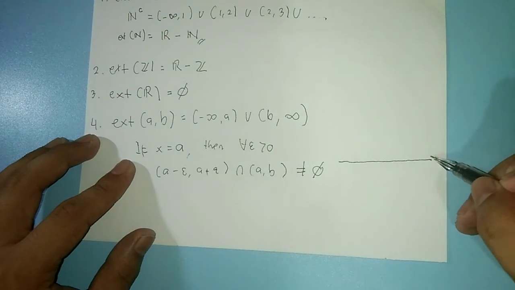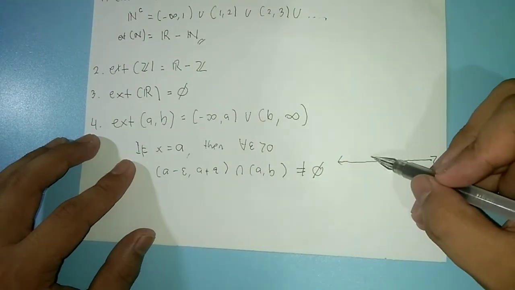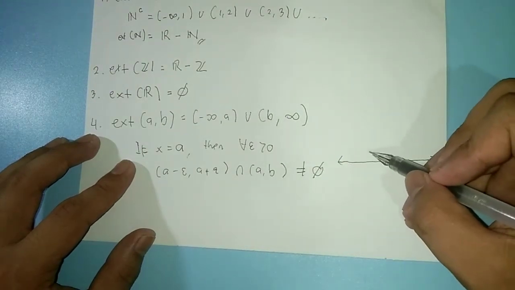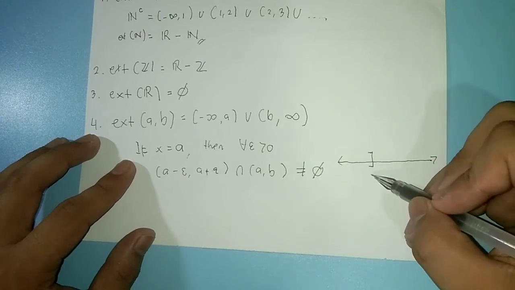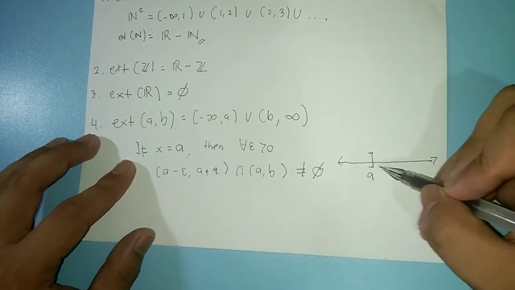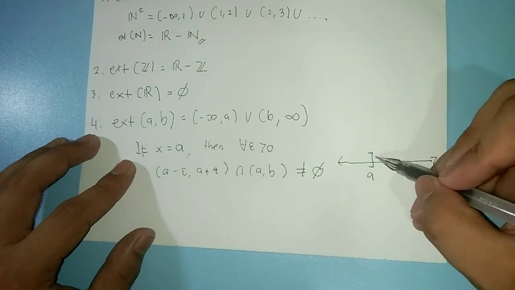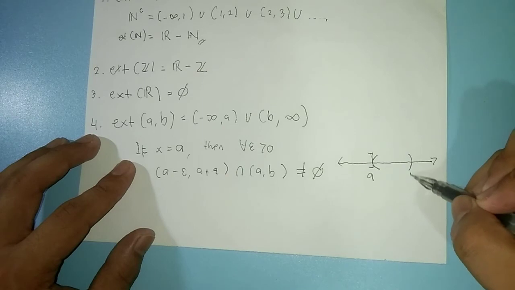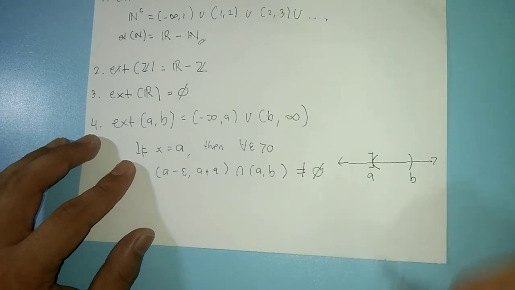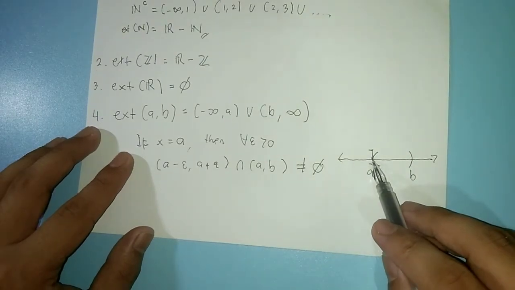Bakit? So, imagine niyo dito sa ating line, let's have negative infinity, tapos ito yung ating A, tapos B. Okay? So, bubuo tayo ng epsilon neighborhood dito.